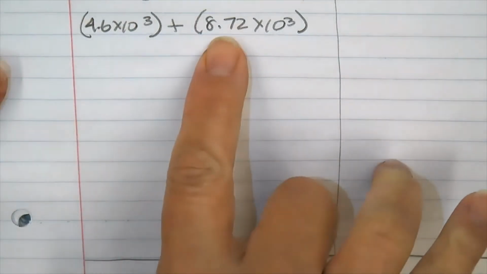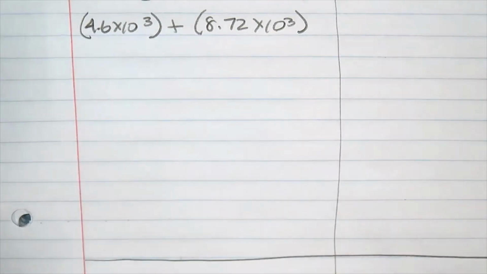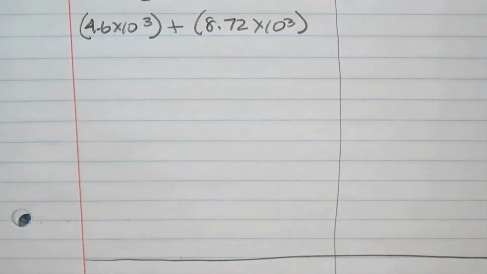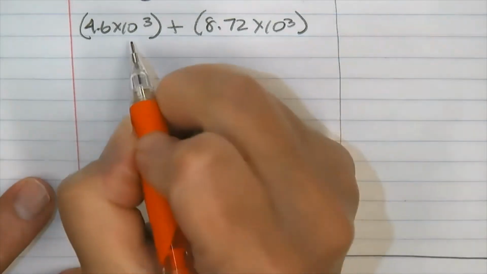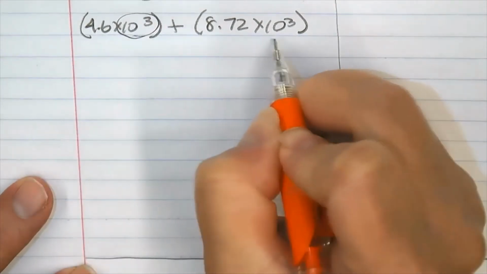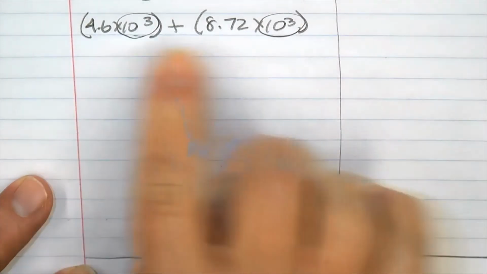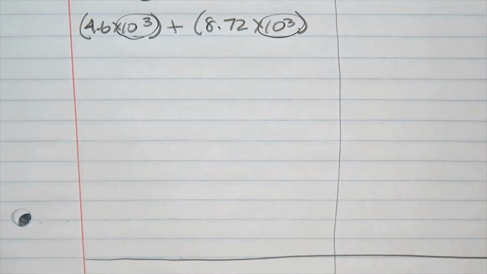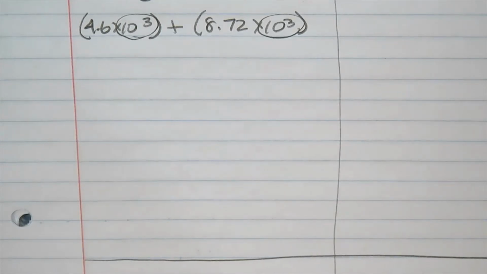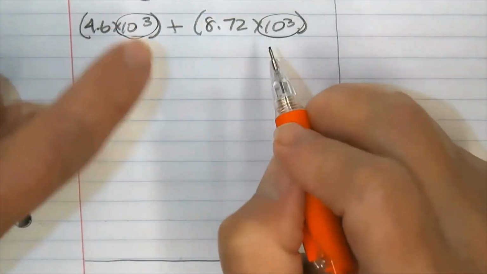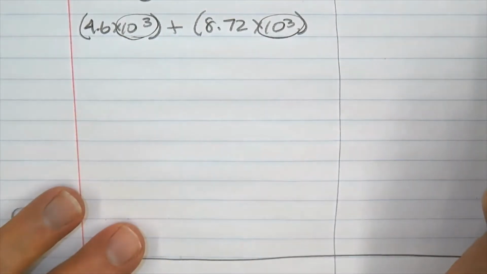And we need to add these together. Since our power of 10 is the same on both of these, it makes life a lot easier. When we're adding and subtracting, we need to make sure that our power of 10 is the same.